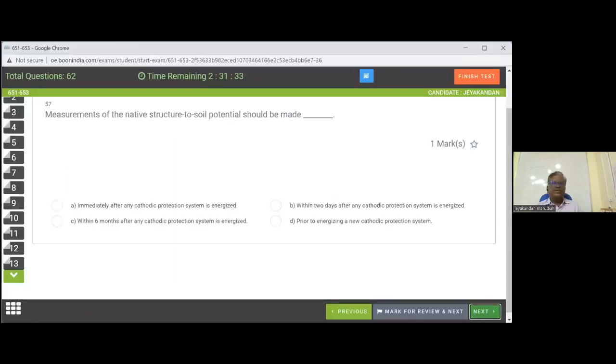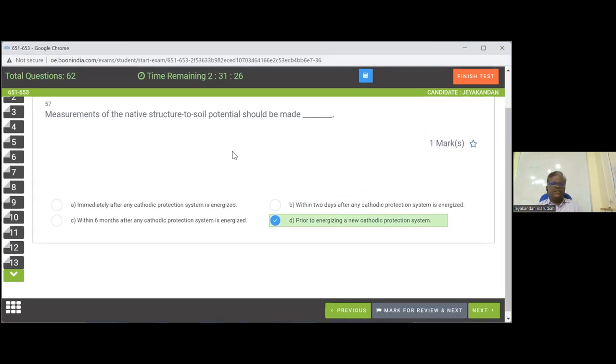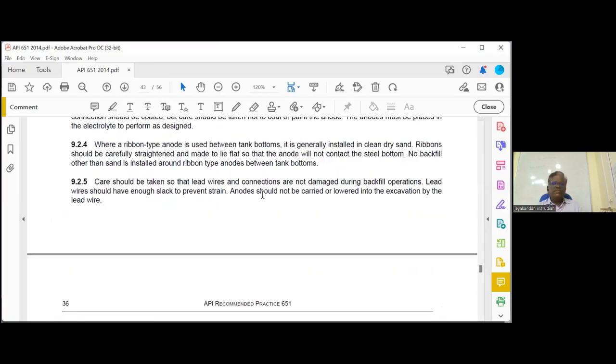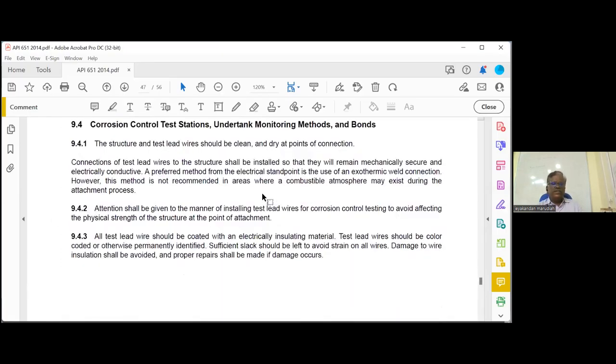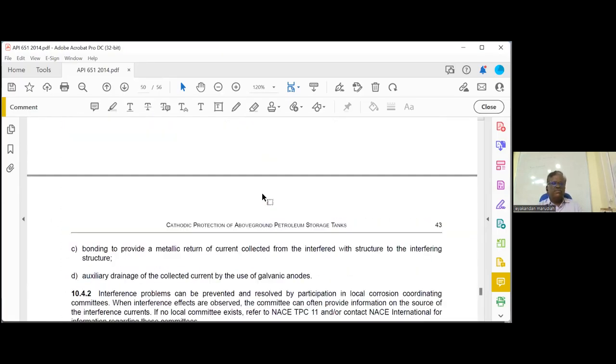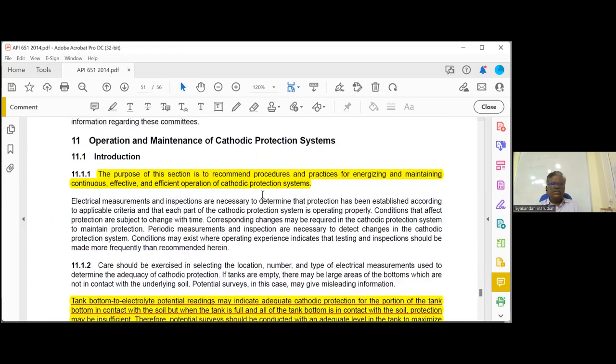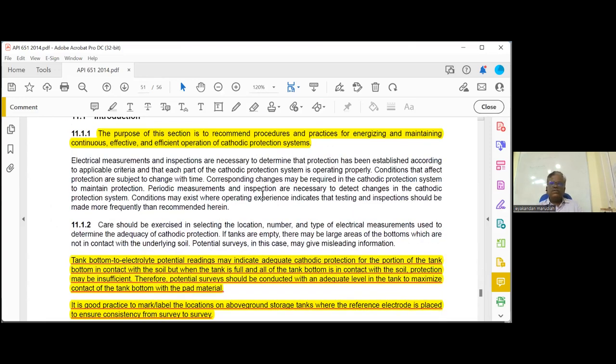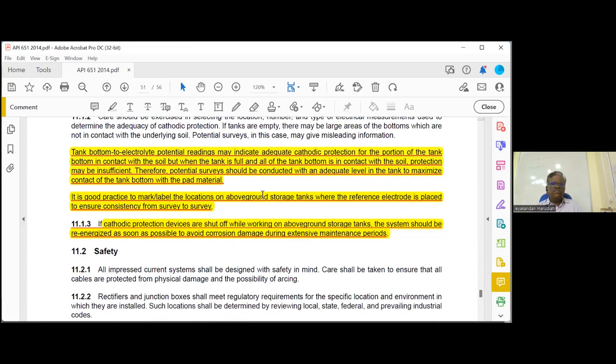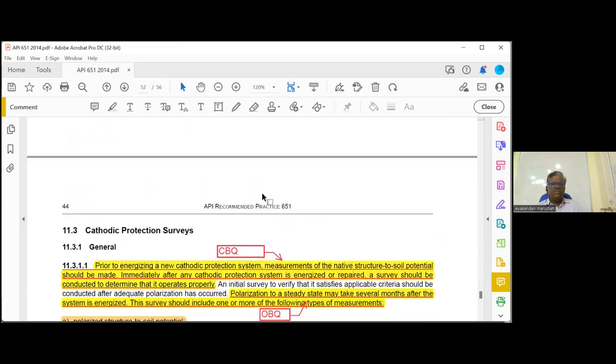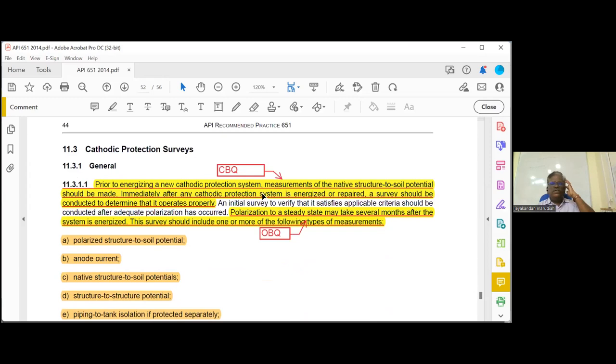Measurement of the native structure potential is to be made prior to energizing the new cathodic protection system. So it is given in 11.3.1.